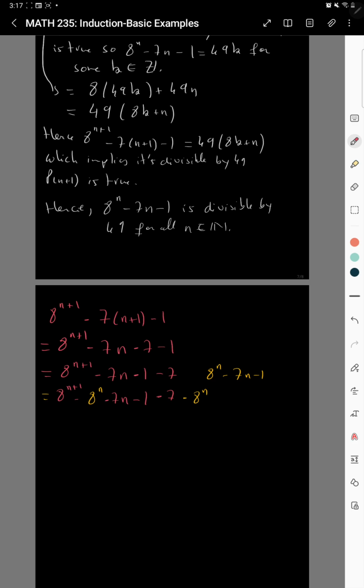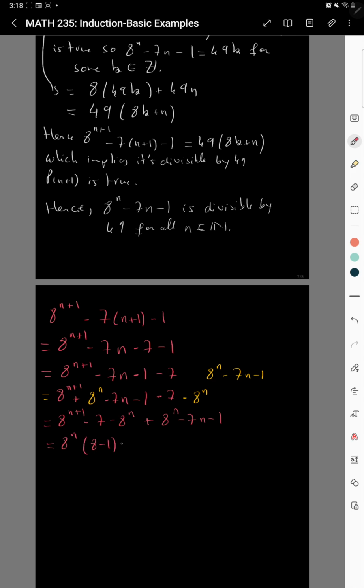This is correct, as long as we're not violating the rules of mathematics. Let me regroup the terms. Sorry, this here should be plus. Now I can factor an 8 to the n out.